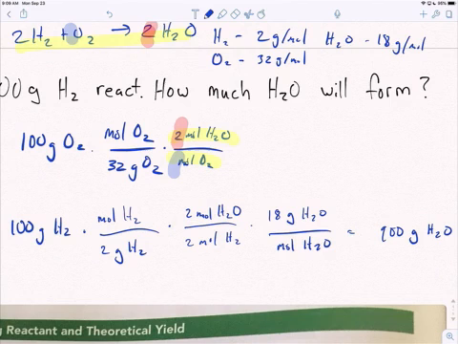So this is my moles of oxygen. Understood that. And then, okay, so this is 2 parts water to 1 part oxygen. So I put it here. So a mole is 1 there and 2 there.